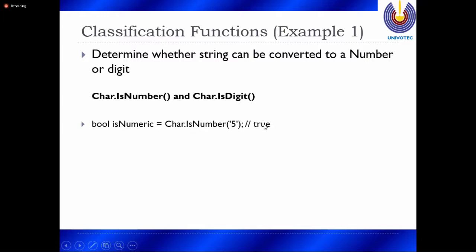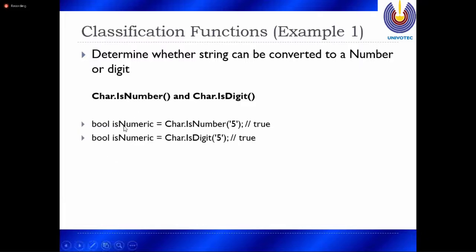Then you get only the condition, true or false. That's a Boolean value, true or false. If it's true, then you can convert that particular character to a particular type, integer or double or something.